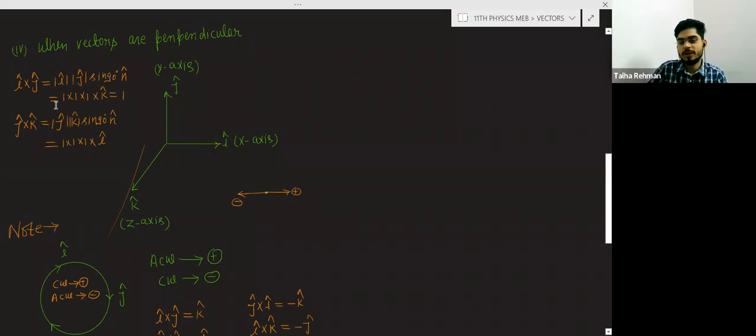So for calculating i cross j, j cross k, not k cross k, meaning different unit vectors crossed with each other, use this method. Don't use this other method, because there you have to apply the right hand rule again, and sometimes you will get it wrong. If you apply this, the answer will be correct and it will save your time also.